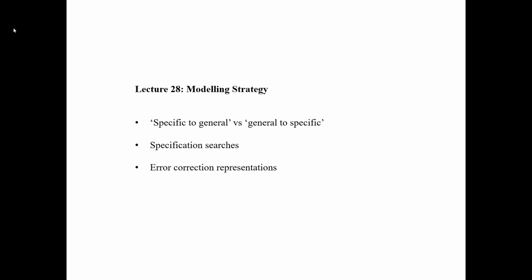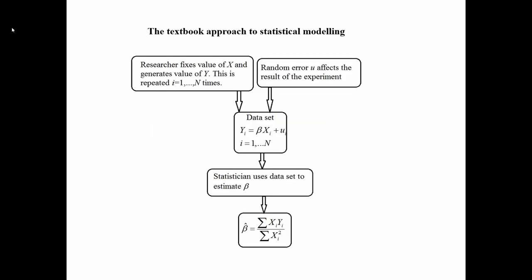That requires us to talk about the issue of specification searches, and then finally we'll talk about the idea of error correction representations of the model, which are basically the sort of model we end up with after we've conducted a specification search. Let's start off with a basic caricature of how statistical modelling takes place in textbooks.